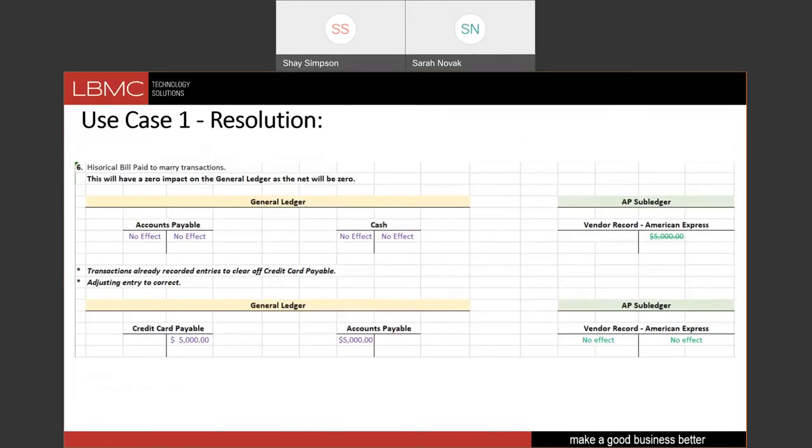Obviously, we don't want to go back and restate financials in years that we've closed. So I had to assure them that it was not going to have an impact on their financials in 2021, but was truly getting the information out of the subledger so that going forward, they had a process that they could rely on.